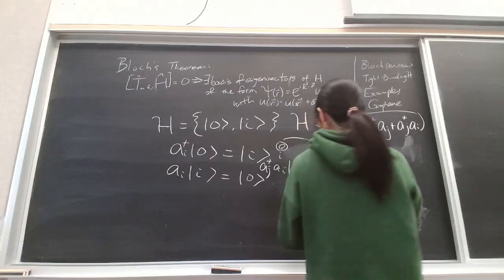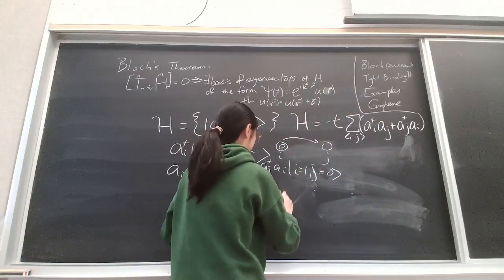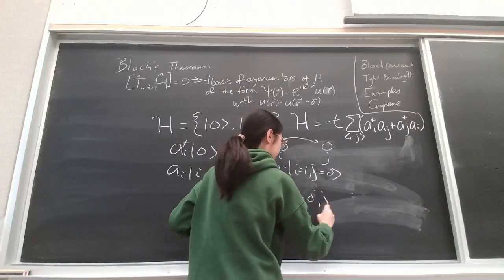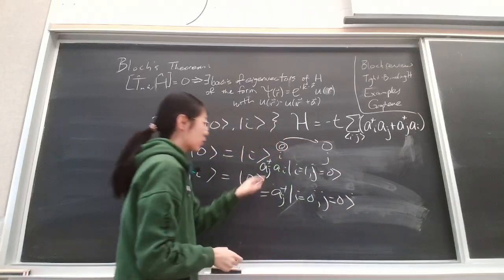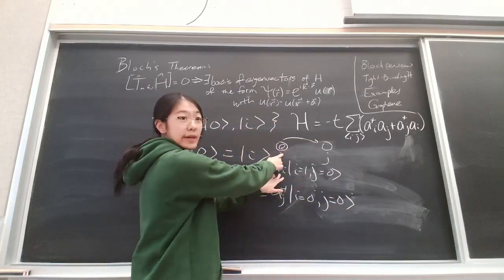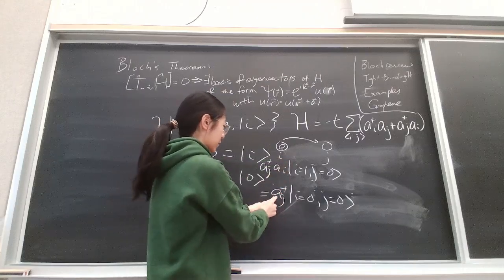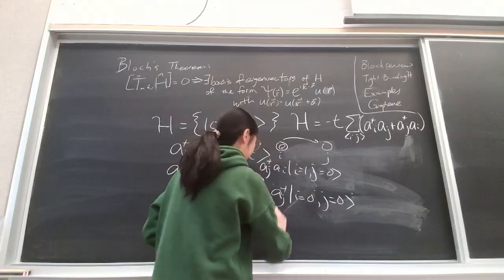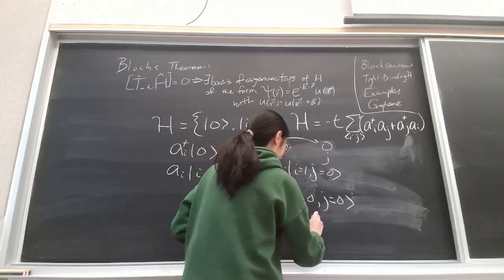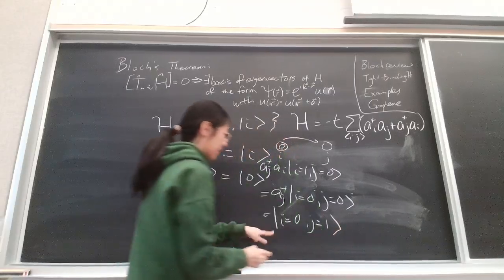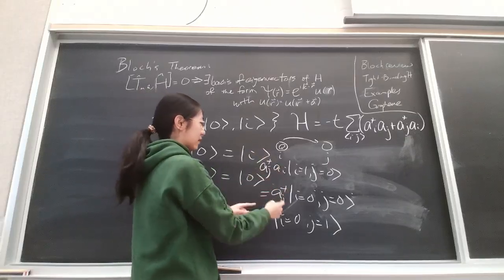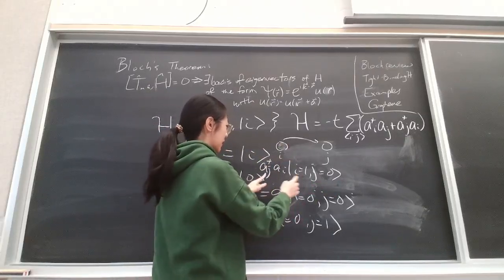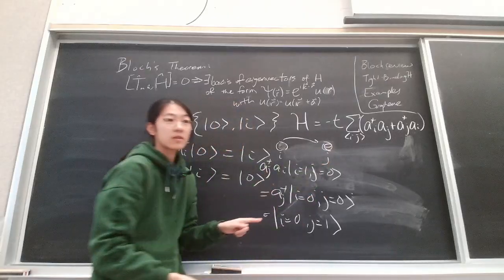Then you get this step here, which destroyed the electron you already had at i. Then the next step, when you act the a_j creation operator, this acts on the j state here. So then you get, this is equivalent to saying, okay, I had an electron here. This step, a_i here destroys this electron. The next step, a_j here creates an electron here.